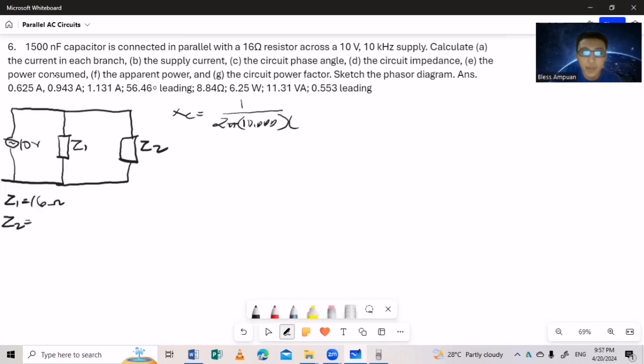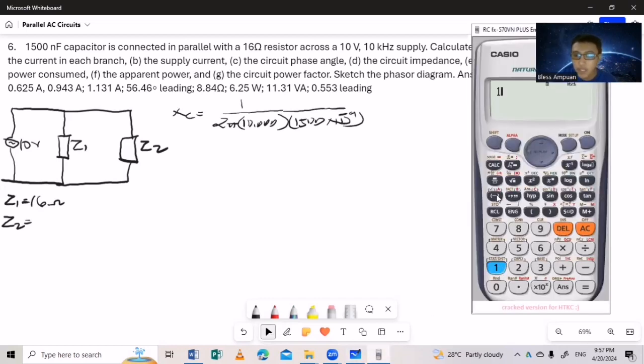And then our capacitor is 1,500 nano, which is 1 times 10 raised to negative 9. Using your calculator, we solve 1 over 2 pi times 10,000 times 1,500 times 10 raised to negative 9.